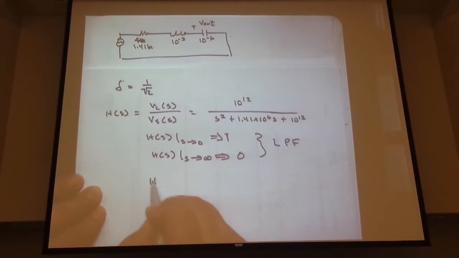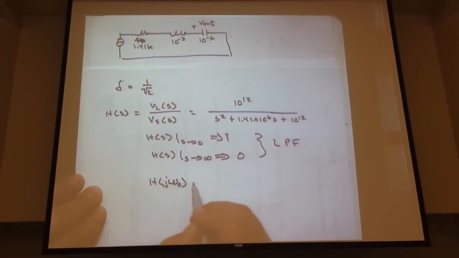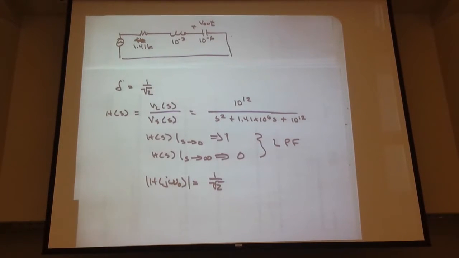And then we can look at H of j omega naught. And again, the expression is the same. And that winds up being, if we look at the magnitude, 1 over square root of 2. That's another kind of meaningful-ish underdamping. So 1 over square root of 2. What does that mean?